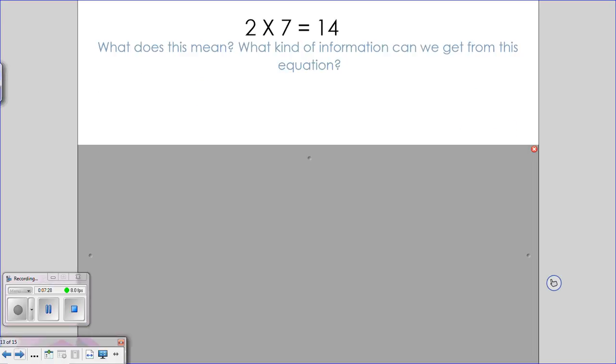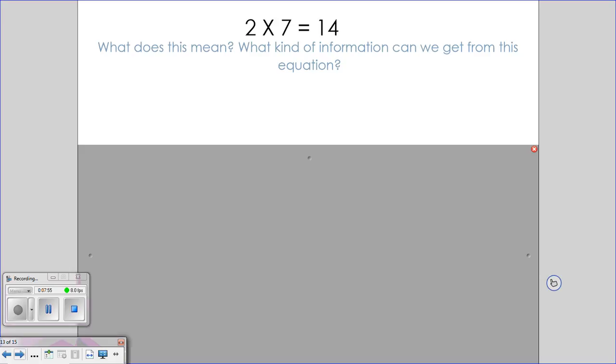All right. So I'm giving you this problem. 2 times 7 equals 14. Let's actually think about it. What does this mean? What does 2 times 7 equals 14 mean? What kind of information are we getting? What are we even doing?